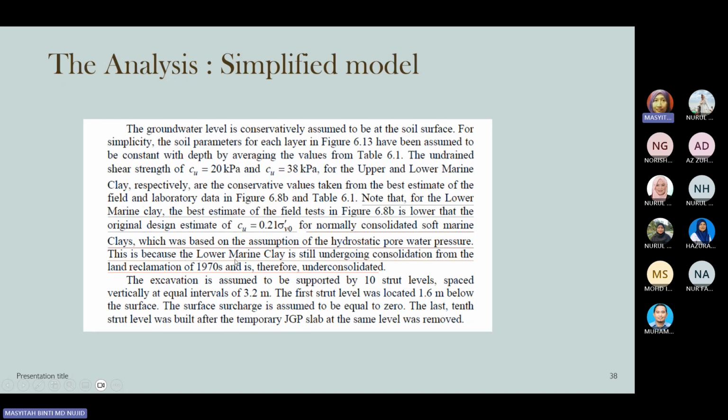This is because the lower marine clay is still undergoing consolidation from the land reclamation of the 1970s, and it is underconsolidated. Consolidation can occur for many years ahead, so we cannot say that consolidation finished at one particular time.